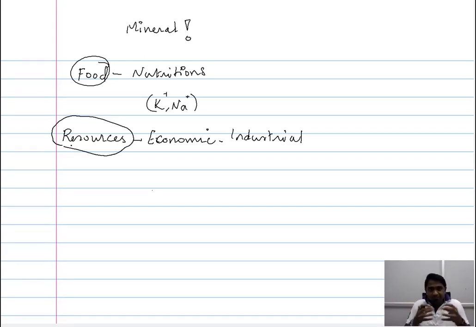It serves greater than a given person, a larger community or a nation as well. So in this context, the term mineral is used only when it serves our purpose in an economic manner. It gives us some economic substantiation to its presence.